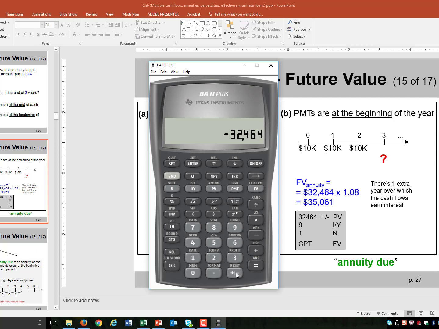Make it negative and set it as our present value, PV. 1 year later, right? What's the future value? 1N at 8% annual interest rate. 8 IY, compute future value. $35,061, and actually there are 12 more cents in the answer.